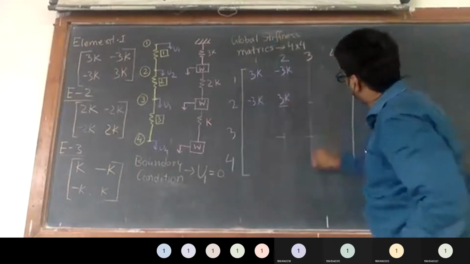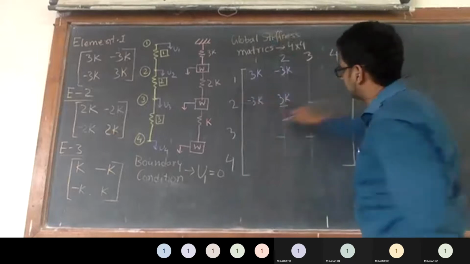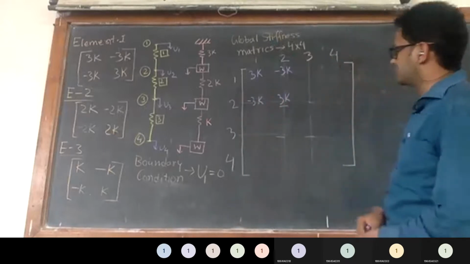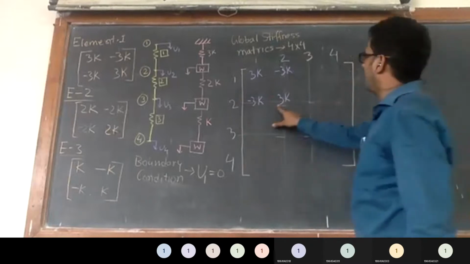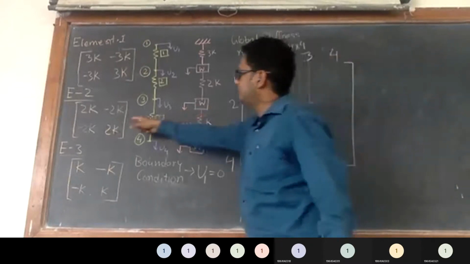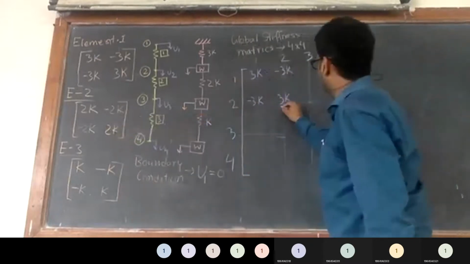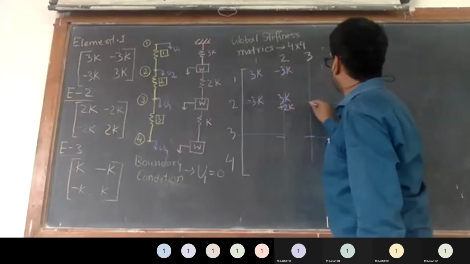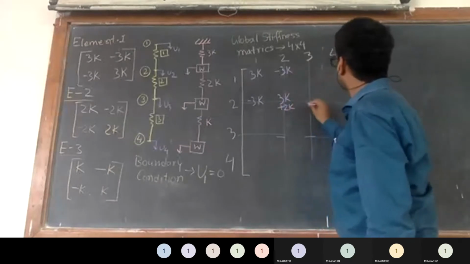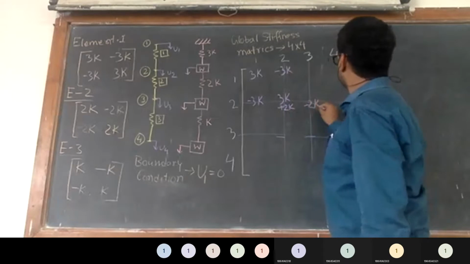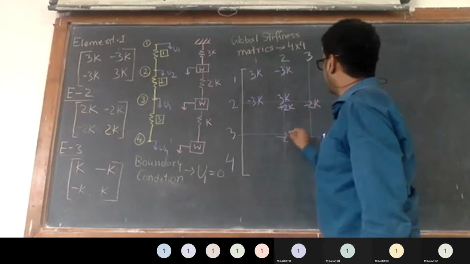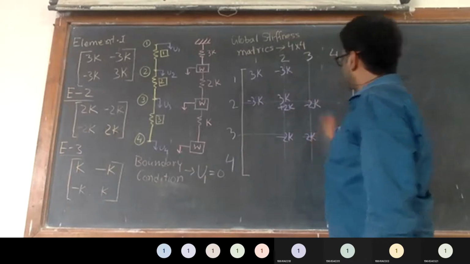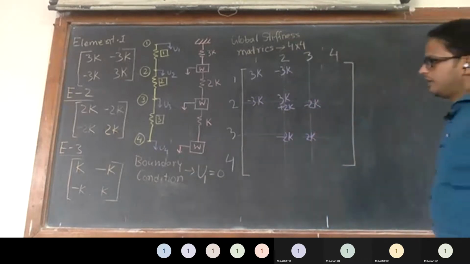Below 2, 3 you can draw a straight line, very light, and the 4 points of intersection you will get. Now, the stiffness value is 2K. So here it will be plus 2K, minus 2K, minus 2K, and plus 2K.